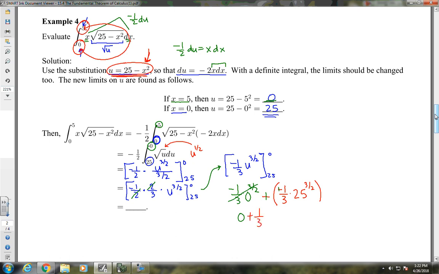And let's work on 25 to the 3/2. Okay, 25 to the 3/2 is the same thing as the square root of 25 to the 3rd power. Remember that denominator becomes the index of your radical, and if it's a 2, we normally don't write it. So that's 5 to the 3rd power, or 125. Okay, so I have 1/3 times 125.